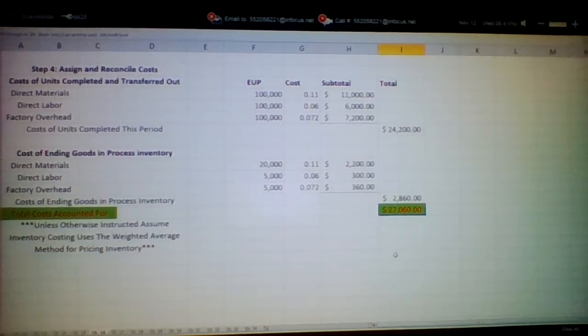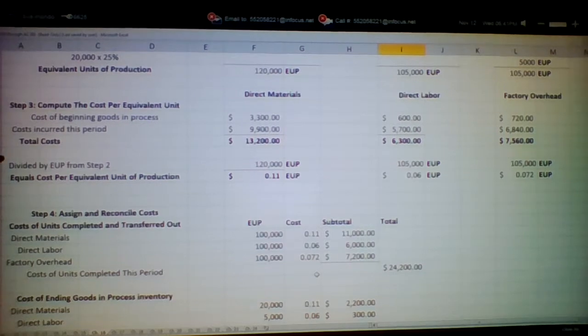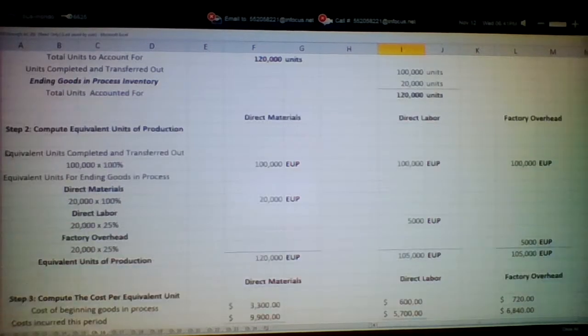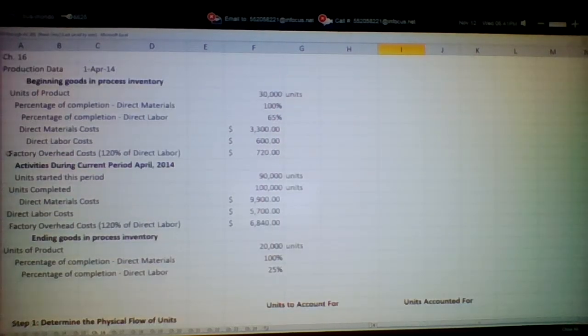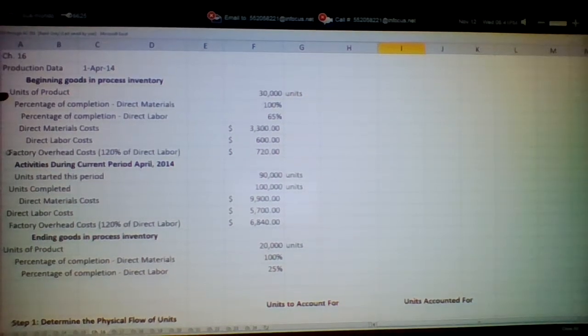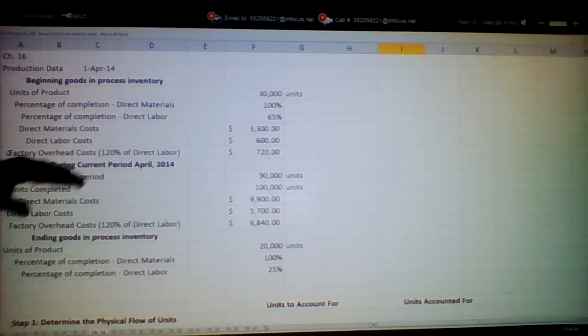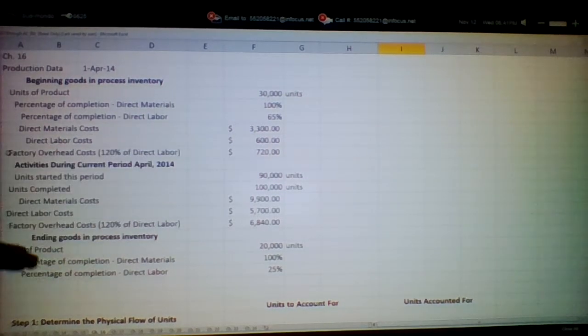Now let's go back up here and bring that kind of full circle. All the way back up to the top. And you'll notice that if you add these all up, direct materials, direct labor, factory overhead, they will equal the same number we just had, 26,000. That's what we're doing.